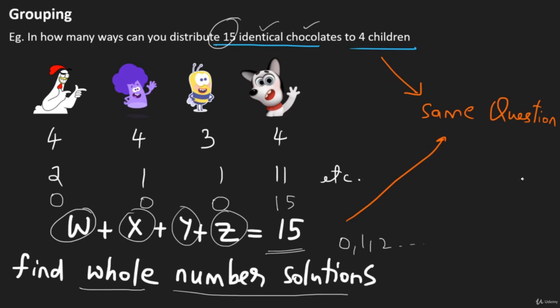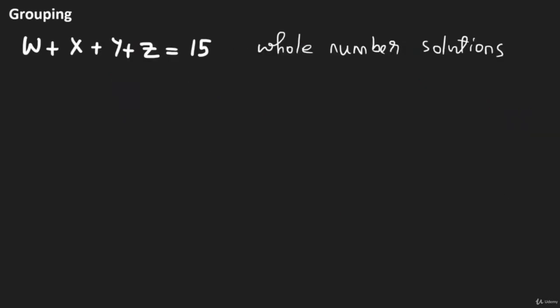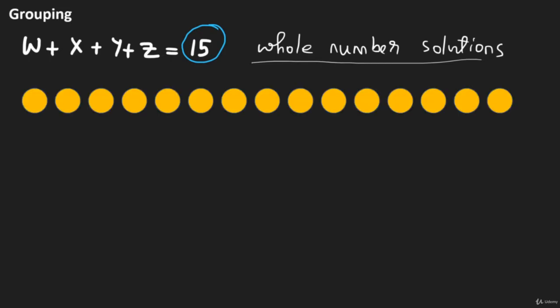Now, let's see how we can attempt very quickly these types of questions. We have seen that w plus x plus y plus z is equal to 15, and finding whole number solutions is the same as the case where we distribute the chocolates to the 4 children. Alright, over here we have 15, right? Let me represent this 15 as 15 dots.